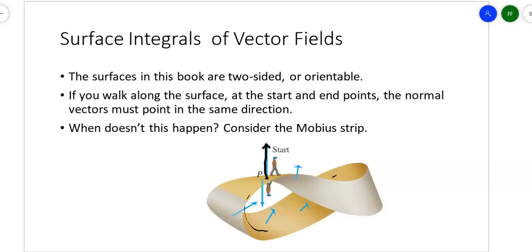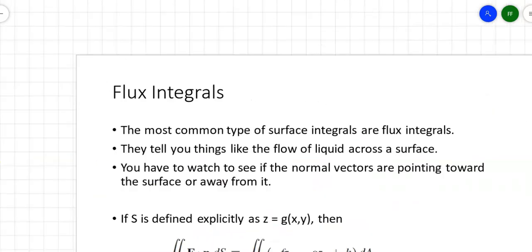Good luck with that. But you notice that the normal vectors are now not pointing in the same direction. In the problems we're doing, the normal vectors will all point in the same direction at the start points and at the end points. But there are surfaces like this Mobius strip where the normal vectors do not point in the same direction. But we're not going to quite worry about that here.